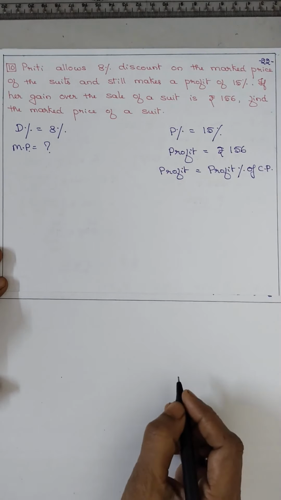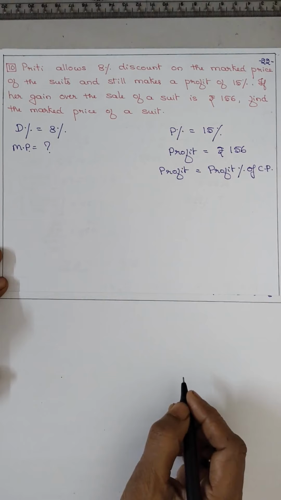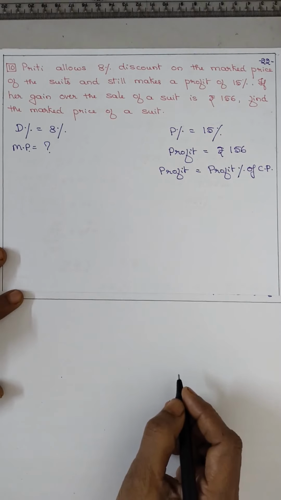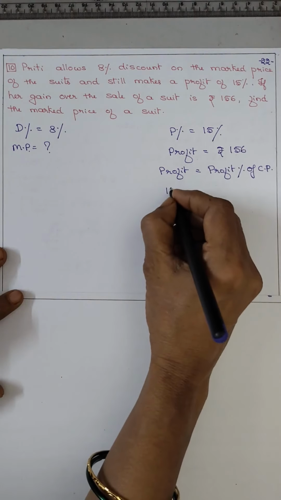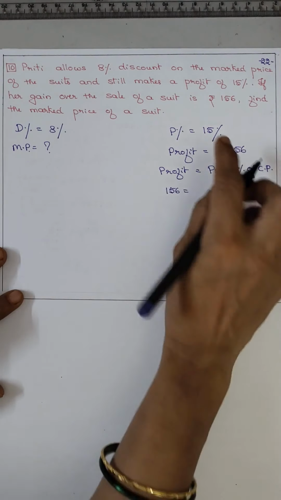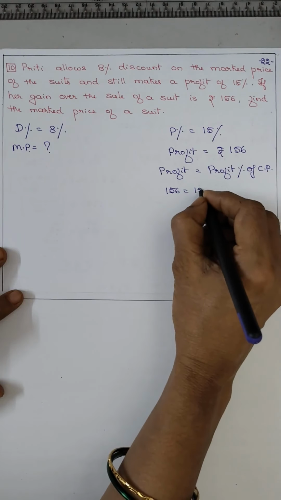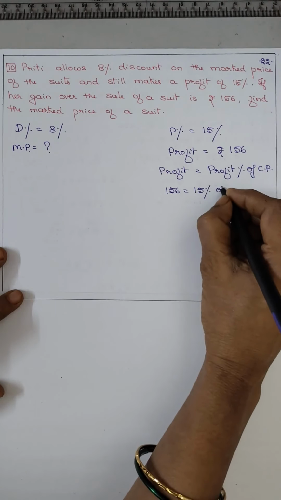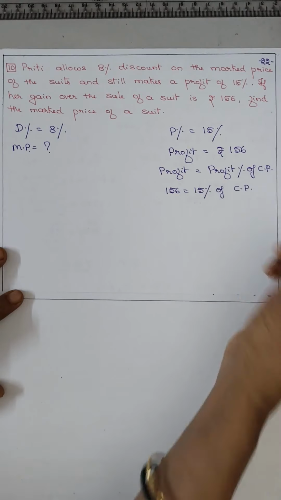Remember this. Discount is equal to discount percent of MP. Profit is equal to profit percent of CP. Now profit is given 156. Profit percent is given 15%. Of CP we don't know.